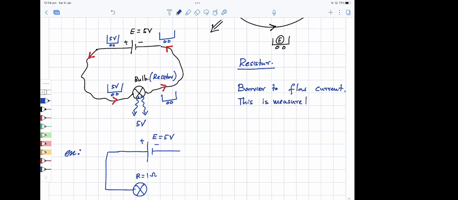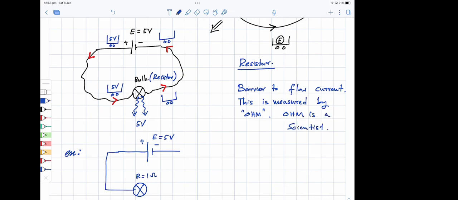These are new words, right? It is measured in ohms. Ohm is a scientist. So resistance is measured in ohms, and the symbol would be this kind of weird symbol. All are Greek symbols, okay? Ohm.